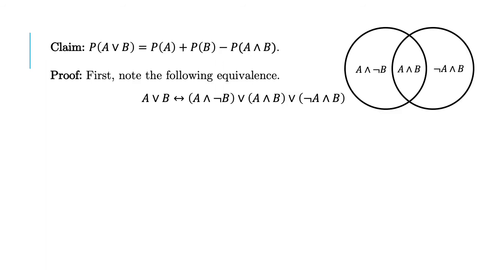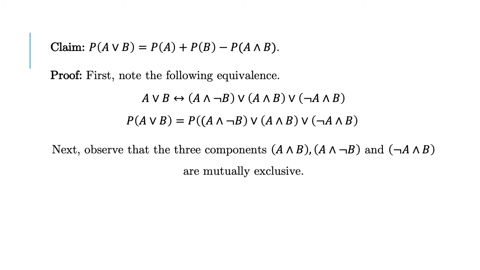First, note the following equivalence: A or B is logically equivalent to (A and not B) or (A and B) or (not A and B), as you can see from the Venn diagram, in which each portion corresponds to one mutually exclusive piece of the two propositions, A and B. From this, we know that the probability of A or B must be equal to the probability of this logically equivalent proposition, since the area they describe is the same.